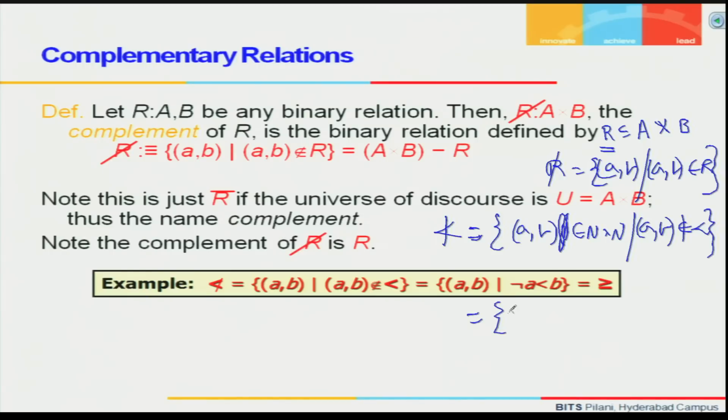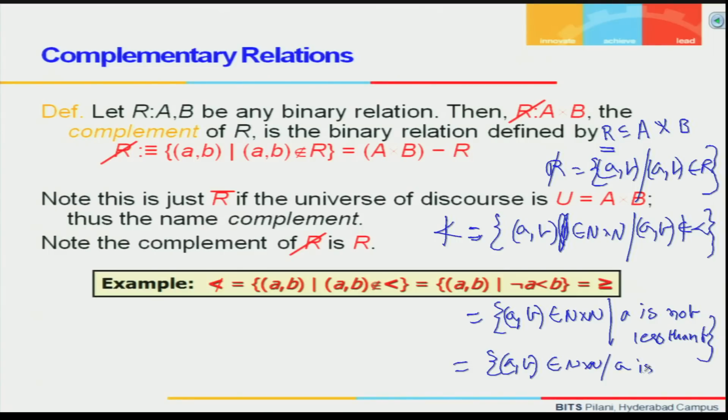If you write it nicely, you can write it as (A, B) belongs to n cross n such that A is not less than B. This is equivalently saying (A, B) belongs to n cross n such that A is greater than or equal to B. So the complement of the less than relation happens to be another relation, the set of all tuples (A, B) such that A is greater than or equal to B. Possibly you can call this relation by the nice name greater than or equal to.